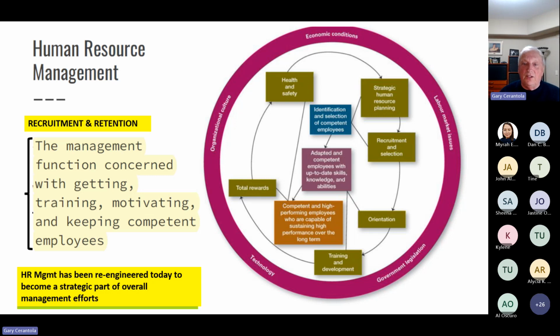So you have to think of recruitment and retention in terms of the overall competitive advantage of your organization. And here's a piece: go back into the slide deck and understand how this process works in terms of rewards and health and safety and those kinds of things.